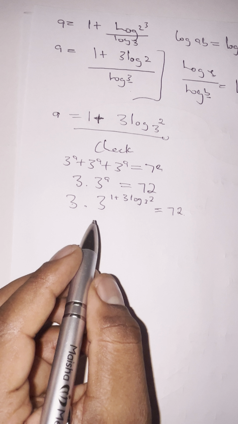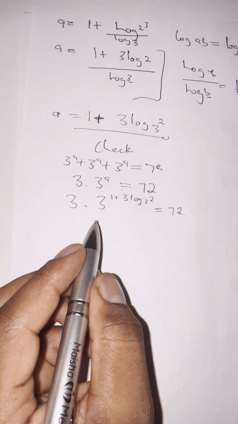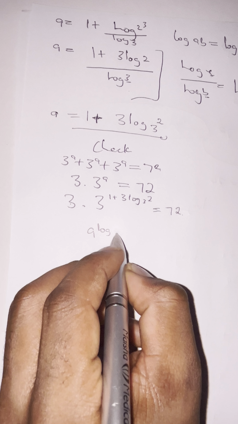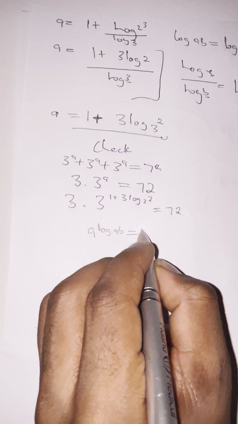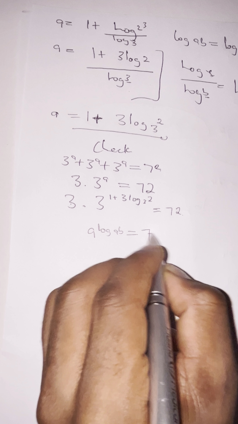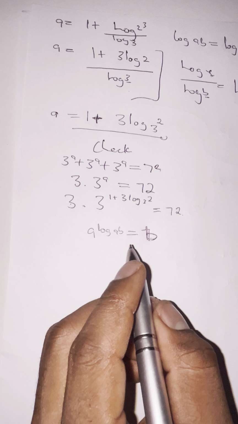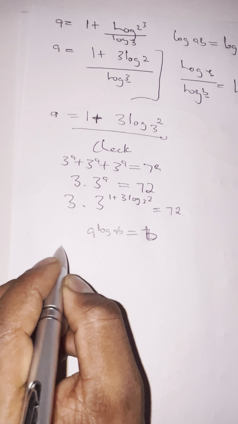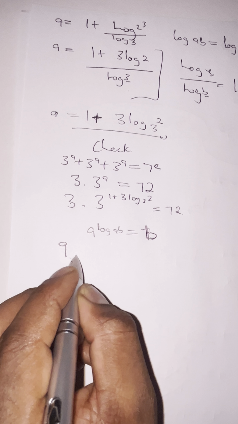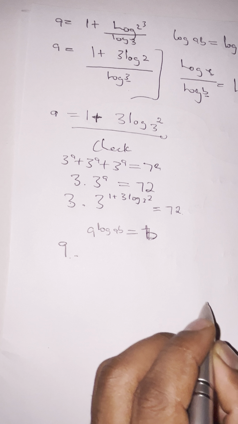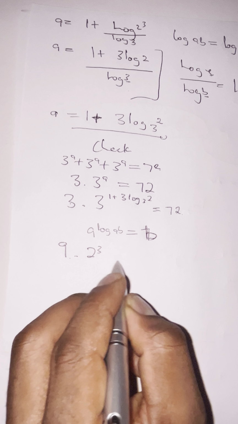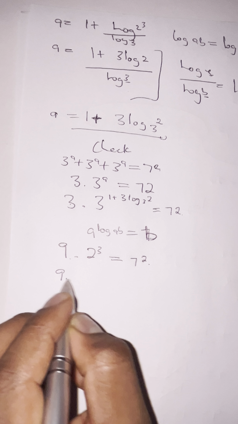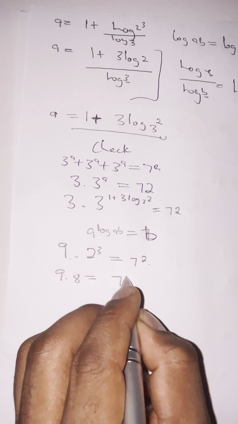Okay, so we're going to say a log base b of a is equal to a, not 72. So we have 9 multiplied by 2 to the 1 and 3 is equal to 72. Now 9 times 8 is equal to 72.